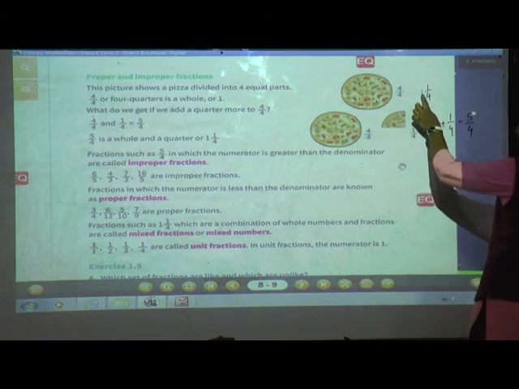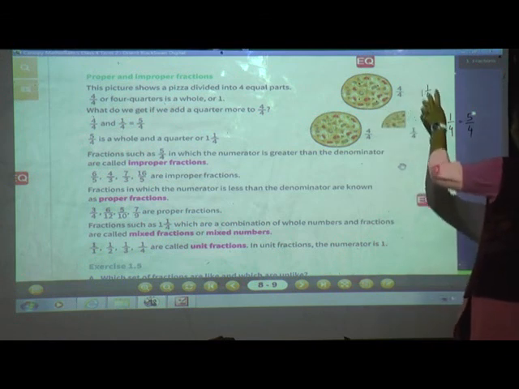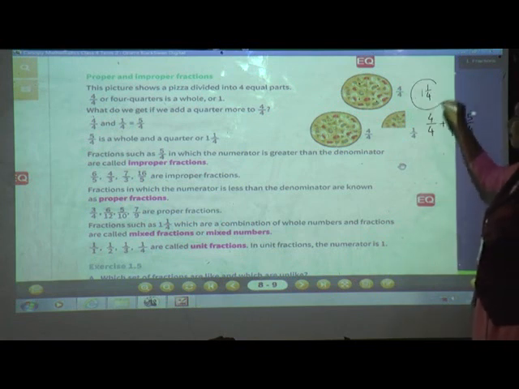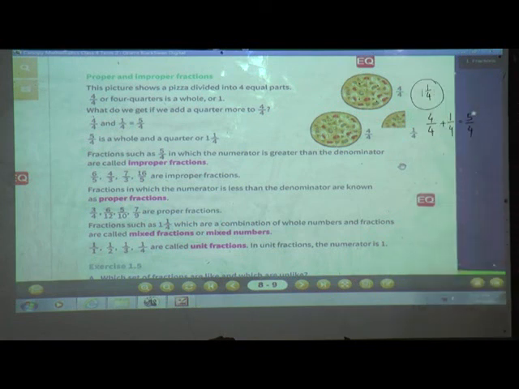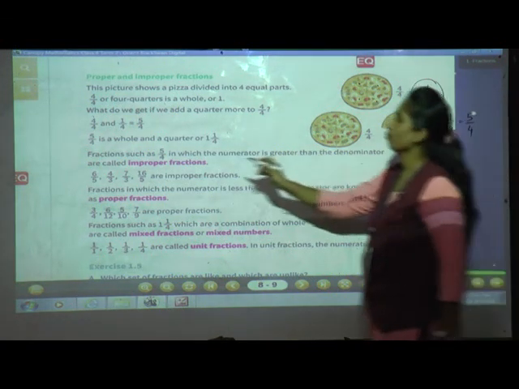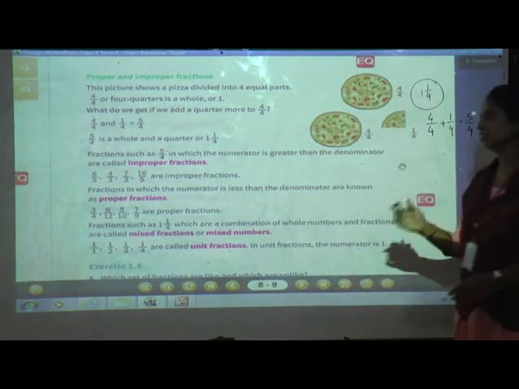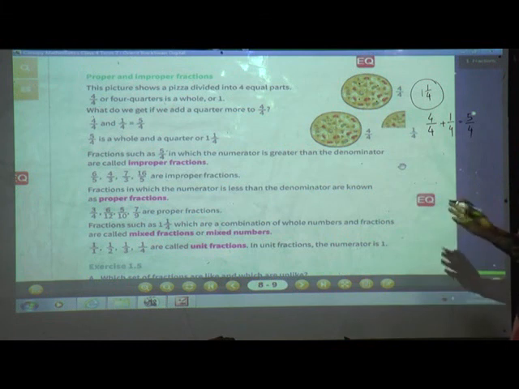So you need to write 1 whole and 1/4 in this way. So fractions such as 5/4, in which the numerator is greater. See, in 5/4 the numerator is greater than the denominator. So they are called improper fractions.